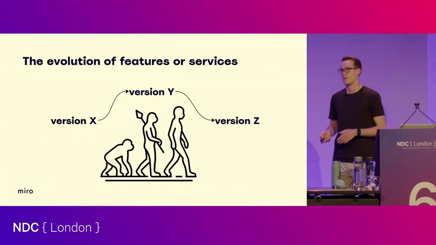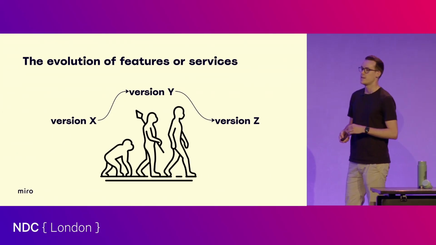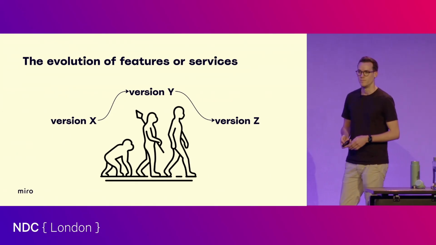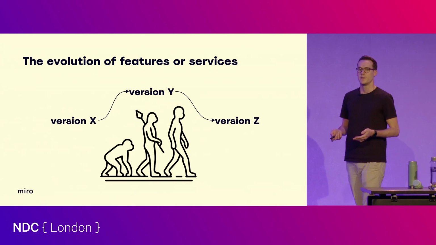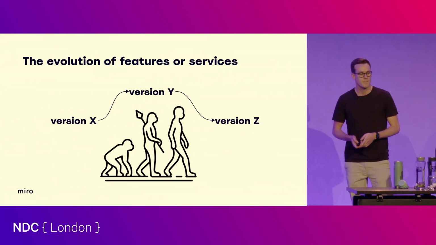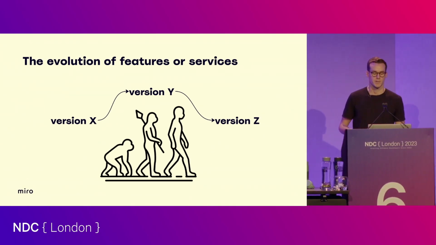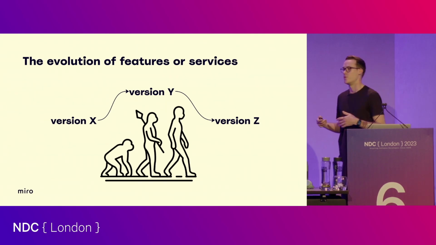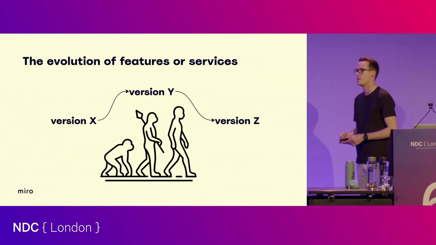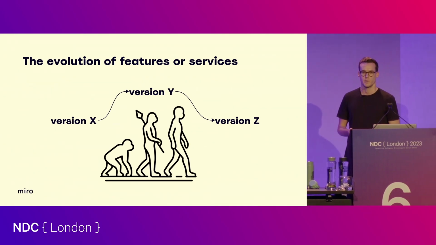Well, any healthy service or feature, API, whatever it might be, should obviously be evolving and expanding its capabilities over time. And this is exactly where deprecation comes in, because the things that are in your software today could very well be outdated, irrelevant, perhaps not even important to your product in the coming years, coming months.